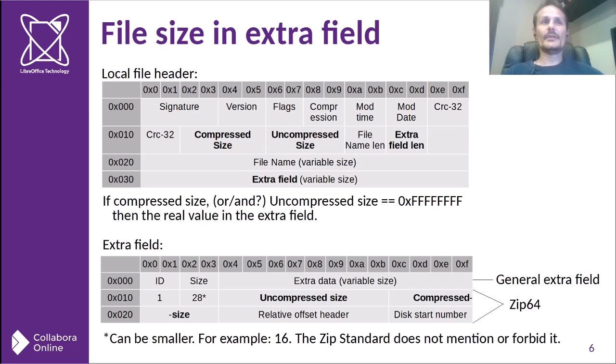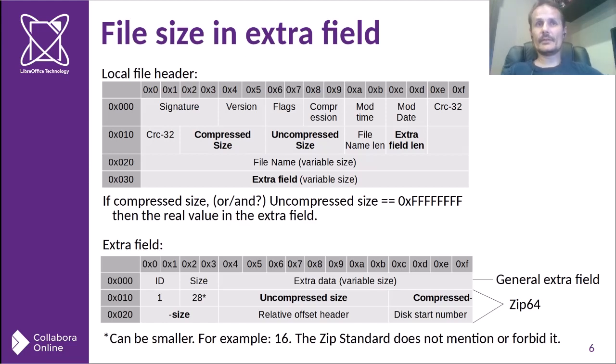It just lists compressed size and uncompressed size under each other, and then it starts to write this statement. It doesn't mention whether both of them have to be this special value, or it's enough if one of them has the special value. But anyway, in the extra field there will be both of them present.